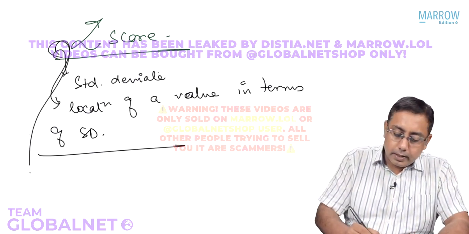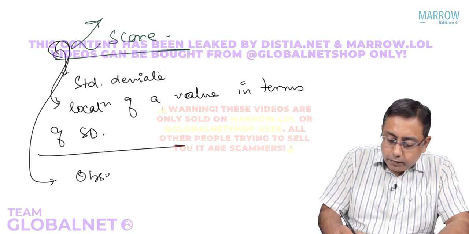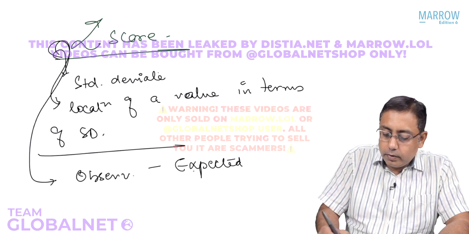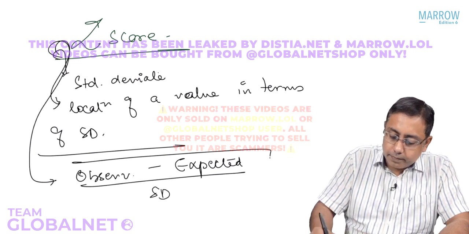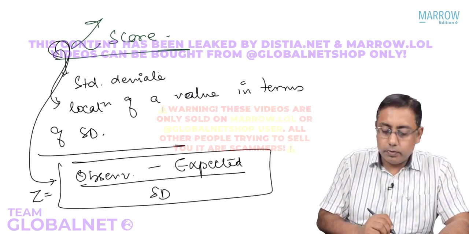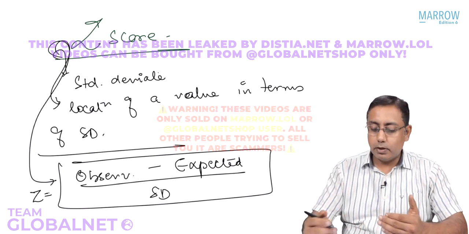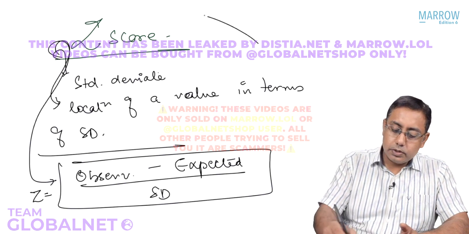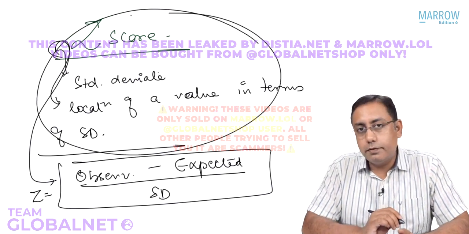It is calculated by the formula observed value minus the expected value divided by the standard deviation. So Z-score tells you the location of a value in terms of SD.